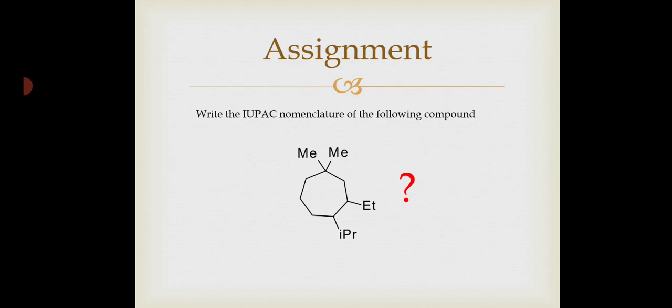Is it disubstituted or monosubstituted? If there is any disubstituted carbon, that gets preference in numbering. And the name should be written in alphabetical order. Just pause your video, see the structure, see the substituents, and try to write the name of this compound.